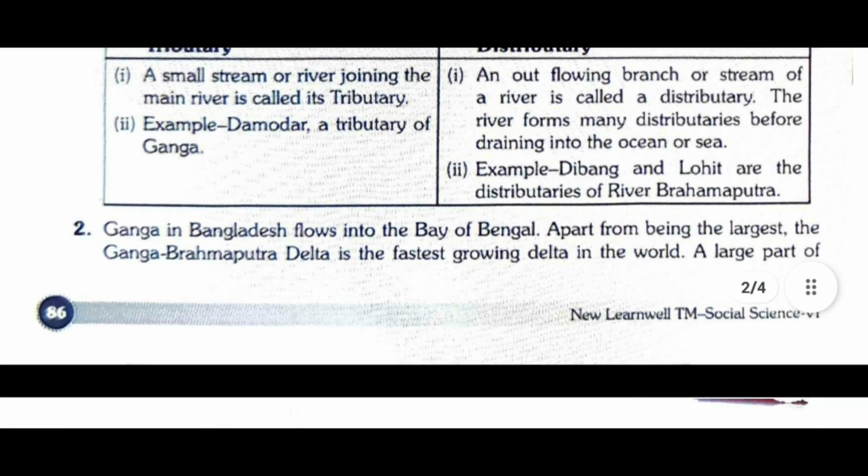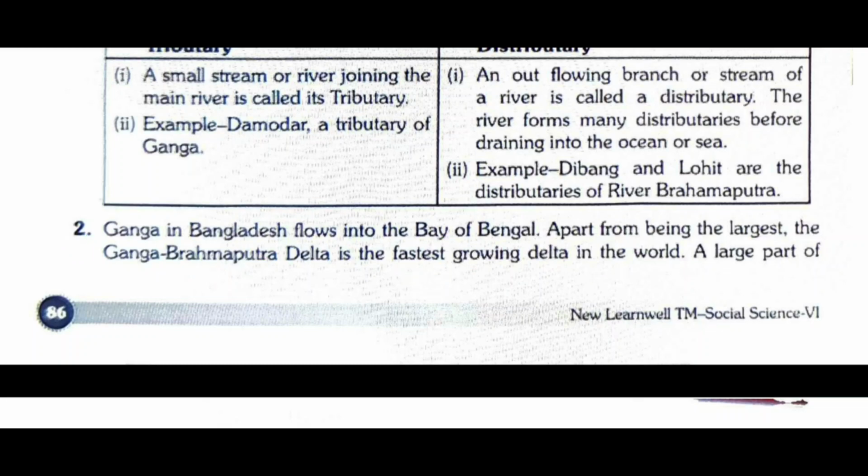Next, question number 2. Sundarbans is an area of mangrove swamps. Elaborate this statement with its two main features. The Ganga in Bangladesh flows into the Bay of Bengal. Apart from being the largest, the Ganga-Brahmaputra Delta is the fastest growing delta in the world.